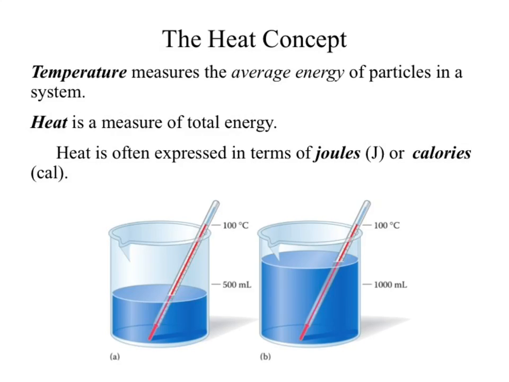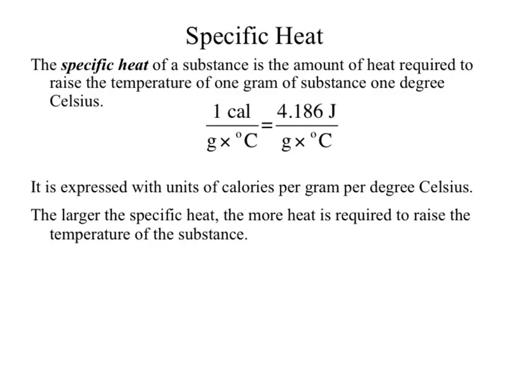It tends to be a little bit more complicated because the next aspect that comes out of your heat concept is something referred to as the specific heat. When we looked at density, it was a complex unit, grams per milliliter, a relationship between mass and volume.